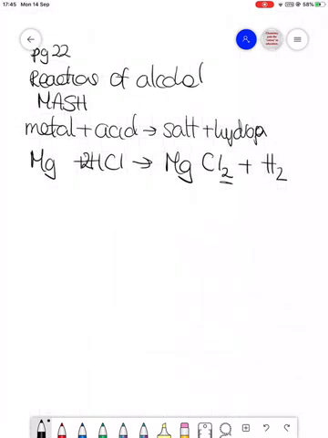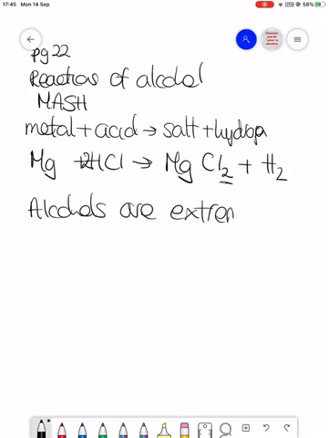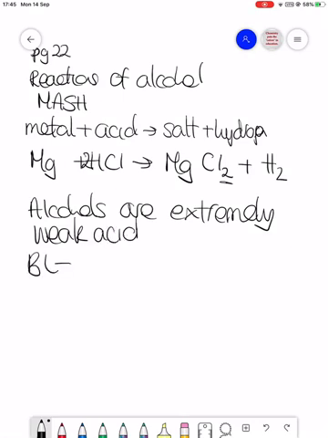Now, in terms of alcohols, alcohols behave as extremely weak acids. So a weak acid is, in terms of Bronsted-Lowry, what would you say? I'm hoping you're shouting at the screen that they are poor proton donors.